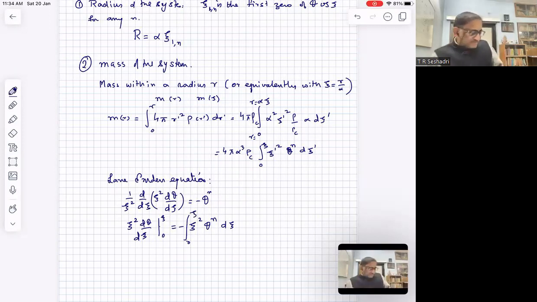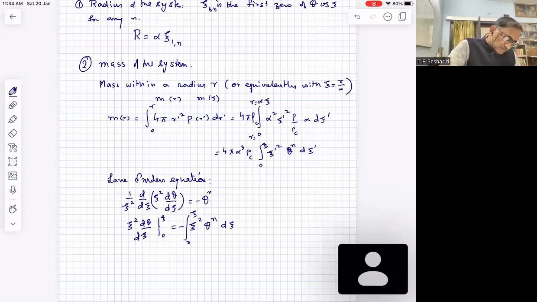Are you with me? I've just taken it to the other side and integrated it. All right? Yeah. And so what is this? Just compare these two.